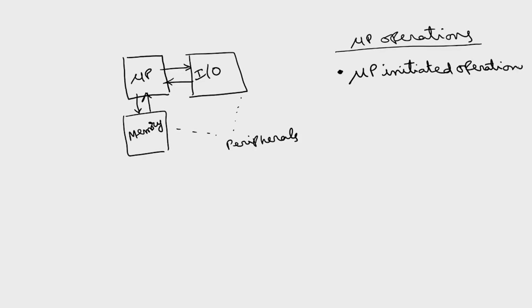I will discuss each operation in detail. Second, there are some internal operations, which do not need any communication with the peripheral devices and take place inside the microprocessor. And third, there are some operations initiated by the peripheral, externally or peripherally initiated operations.